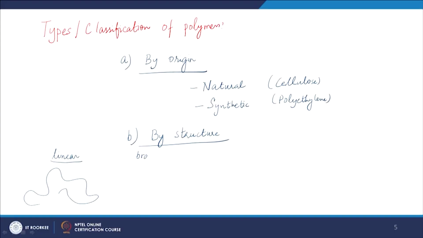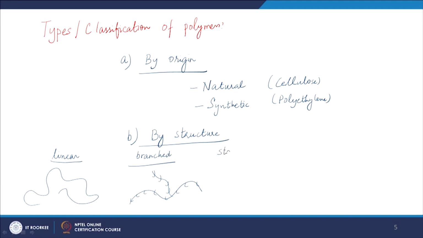But in reality there can be a possibility of branching where you can have a main chain and then a side chain. Okay. So, this contains carbons and this also contains carbons. Okay. So, there are two different chains connected together forming a branch.